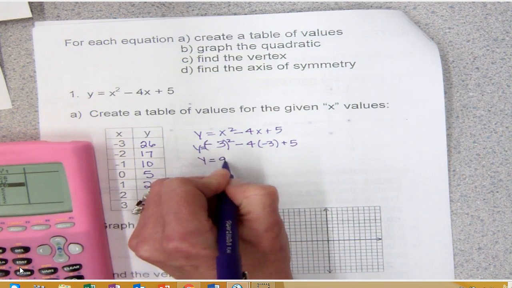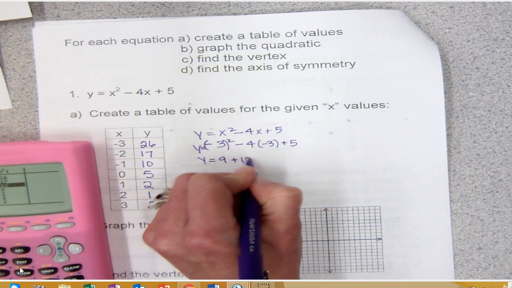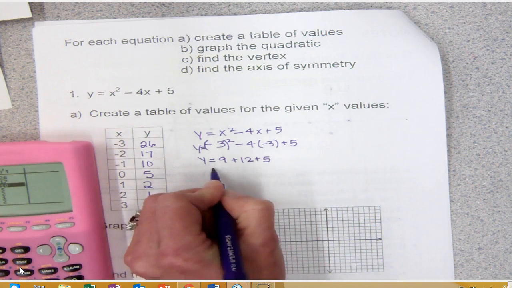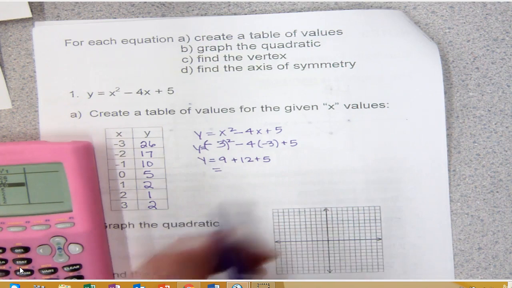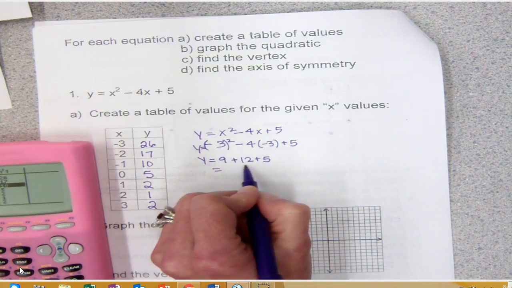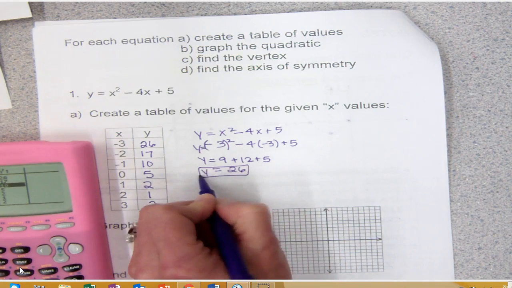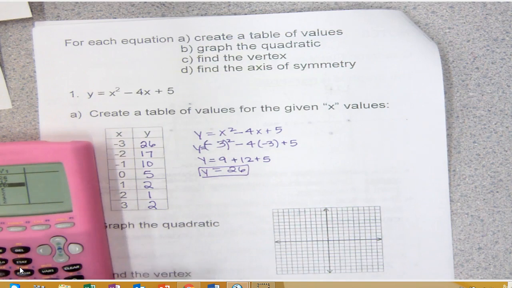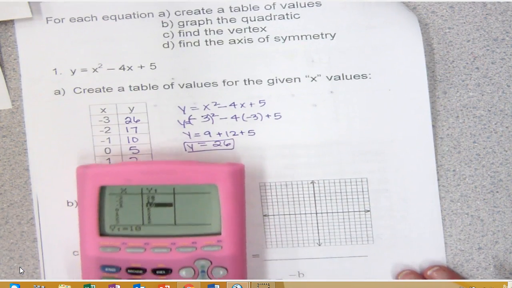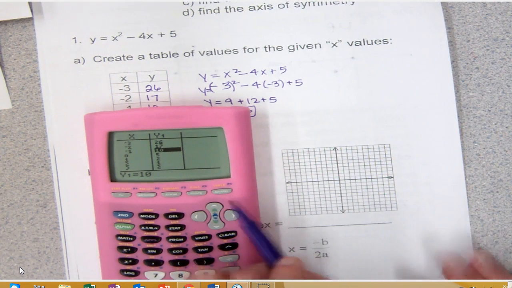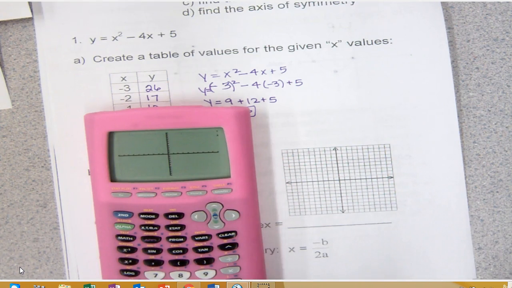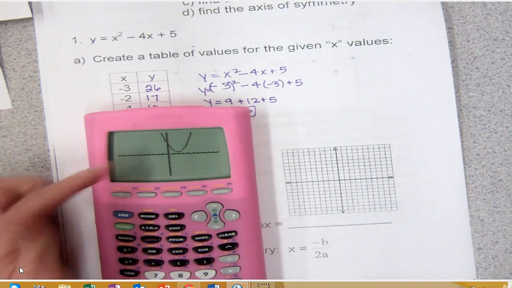Y equals 9 plus 12 plus 5. 9 plus 12 is 21, plus 5 is 26. So I get the same answer, but this one does it for you. Okay? So then, when I go to graph my quadratic, I can just press graph, and it will graph it for me.